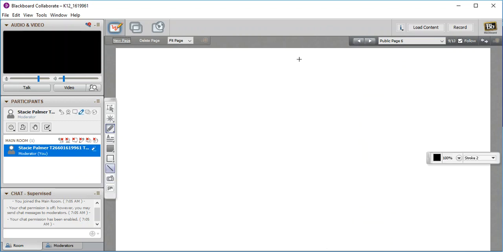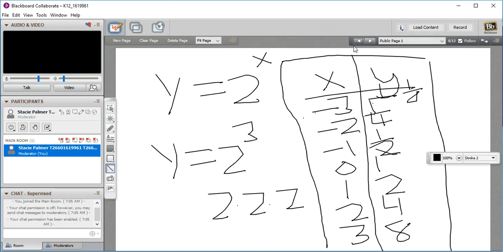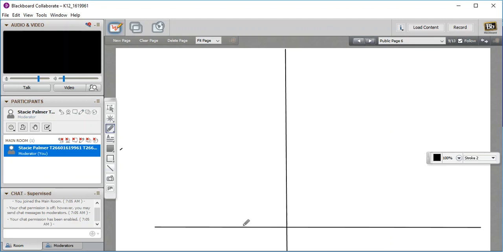Let me go ahead and make a coordinate plane here. Remember, this is my y-axis, and this is my x-axis. I'm going to bring this a little bit lower here. We're going to go ahead and graph this one first. We need to go from -3 to +3 on our x-axis.